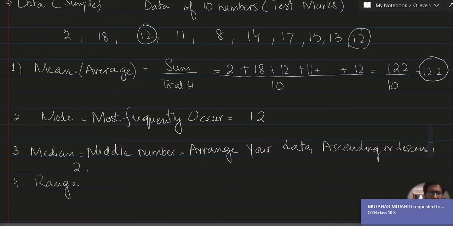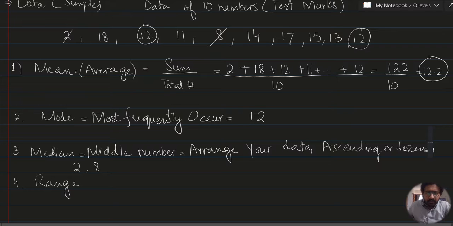2 comma 2, then greater than 2 is 8, and then it's 11, and then it's 12, 2 times 12, and then it's 13, 1 time 13. I need to write it 2 times? Yes, you are right.